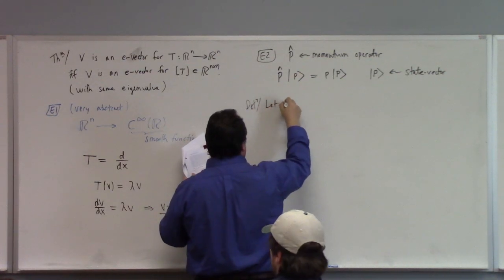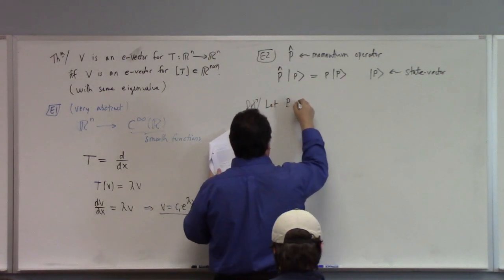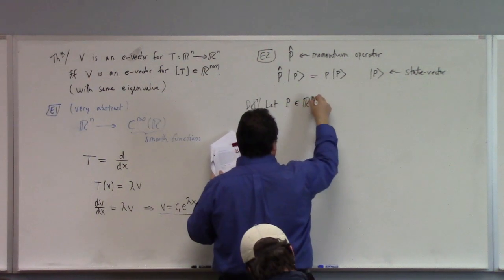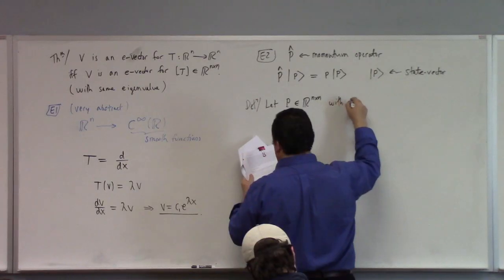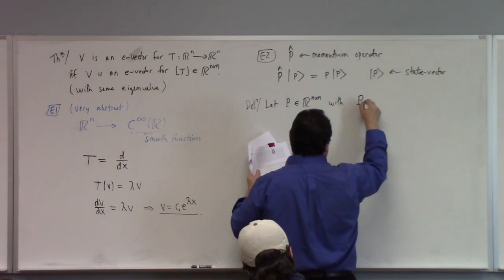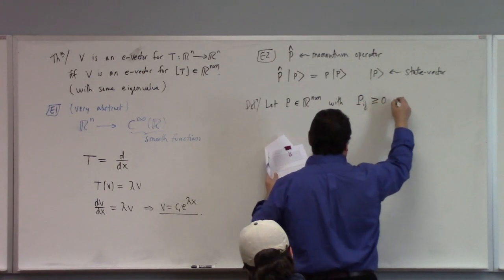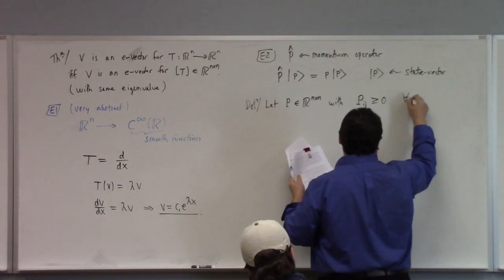Let P be an n by n matrix with non-negative entries, so P_ij is greater than or equal to 0 for all i, j.